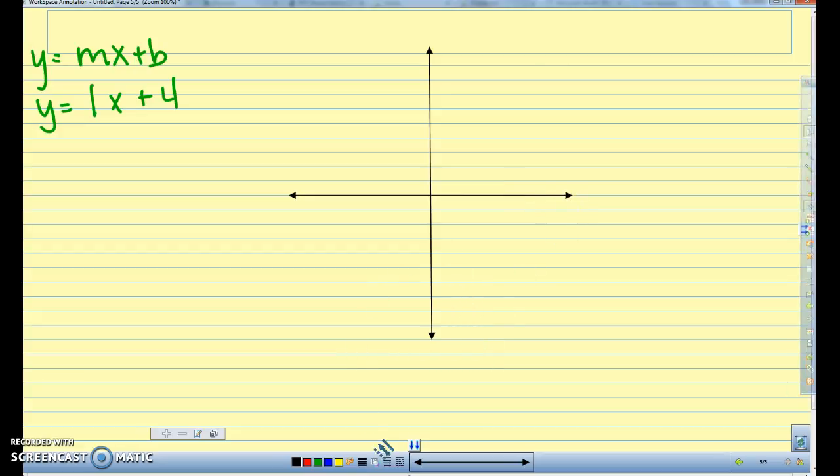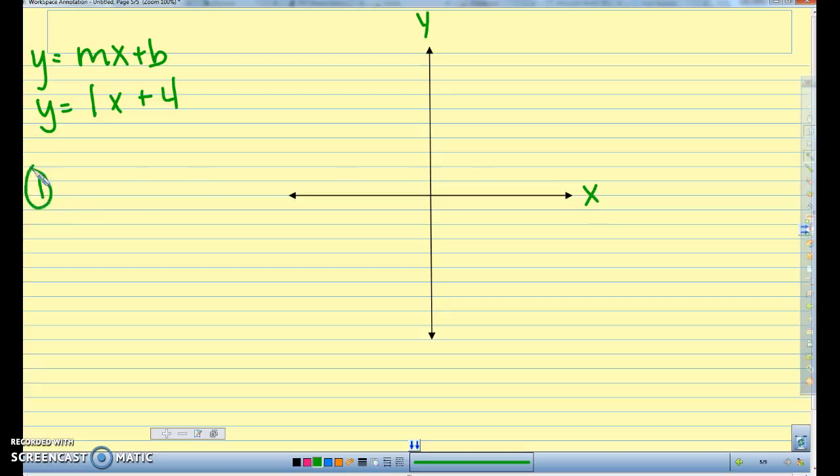And I want to plot these points that I have from this equation. Well, what points do I know I can start with? My y-intercept, it's where it crosses which axis? Yeah, the y-axis, which is this up and down one. This is the y, this is the x.